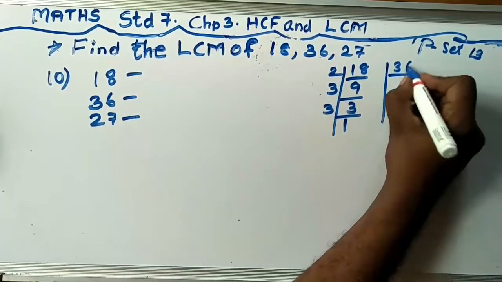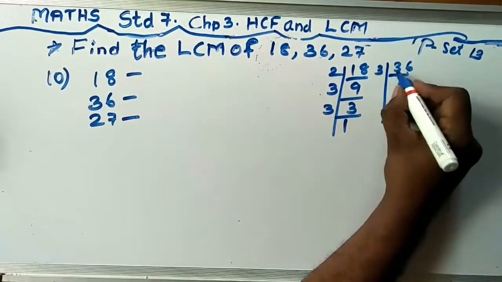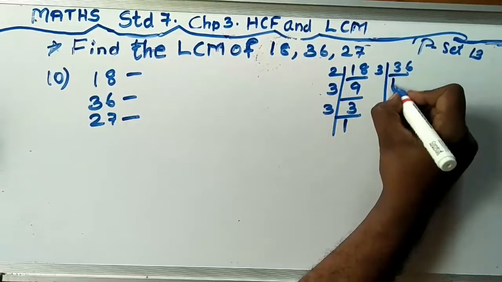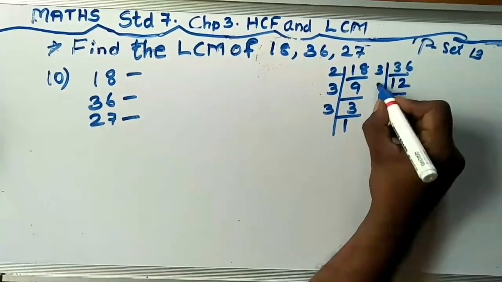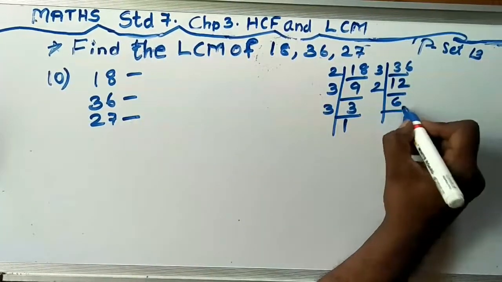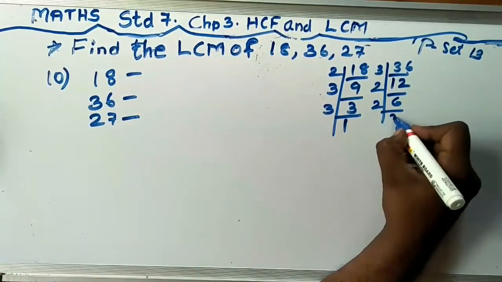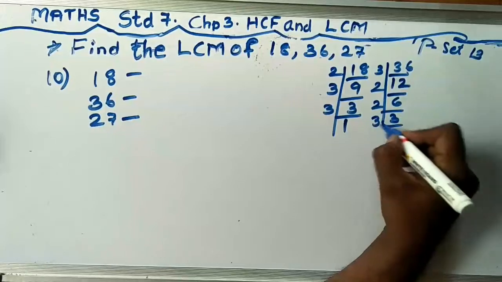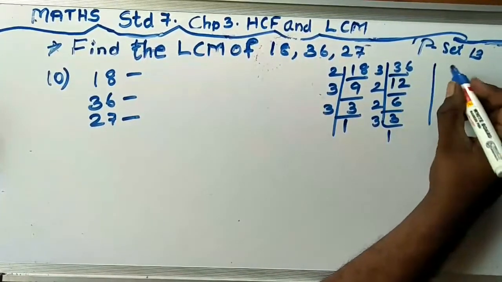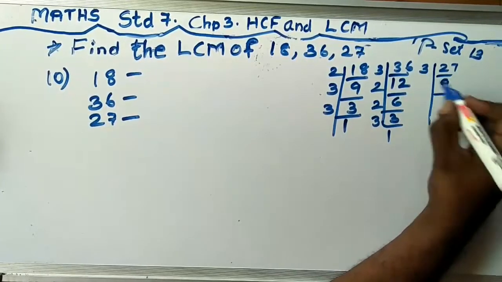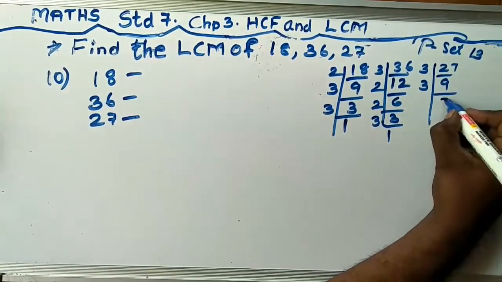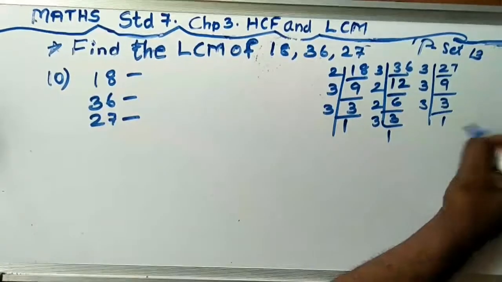Then 36: 36 goes in 3 table 12 times, 12 goes in 2 table 6 times, 6 goes in 2 table 3 times, 3 goes in 3 table 1 time. Then next is 27: 27 goes in 3 table 9 times, 9 goes in 3 table 3 times, 3 goes in 3 table 1 time.